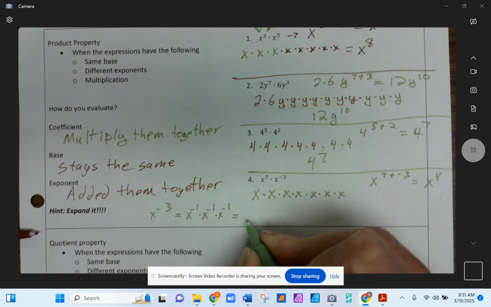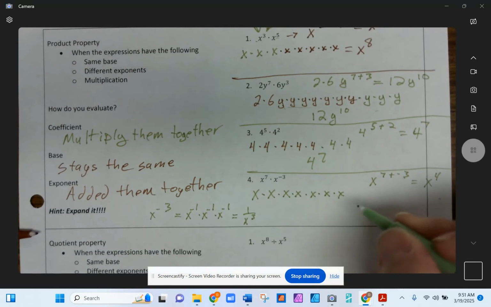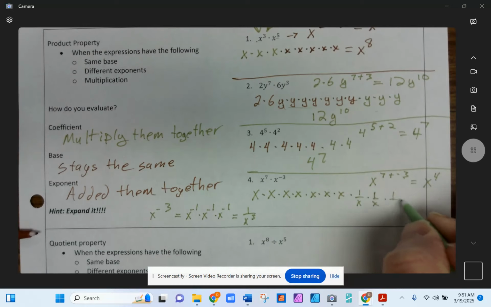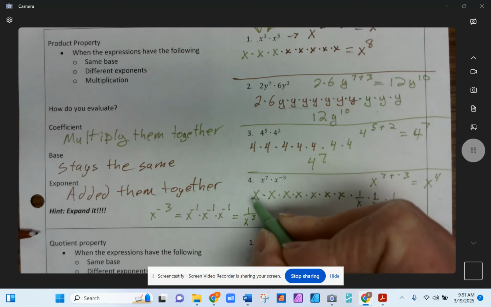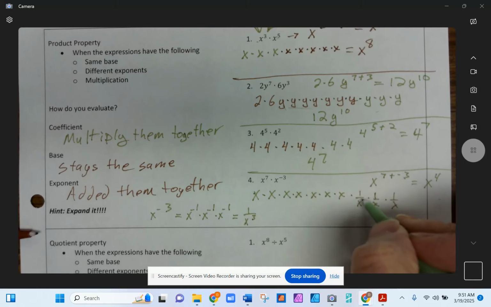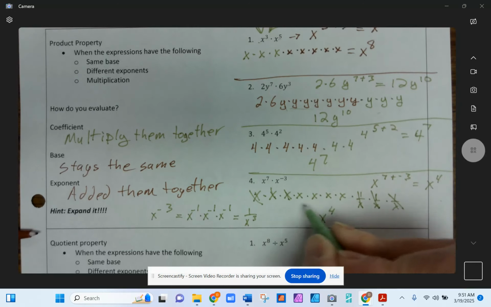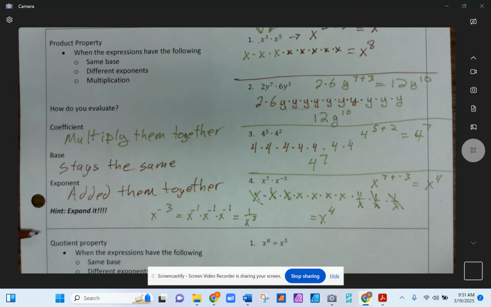So this becomes basically 1 over x cubed, right? But we can write it as 1 over x times 1 over x times 1 over x as well, right? Now what happens is we have this x here and this being multiplied by this 1 over x. They're going to cancel out. And it leaves us with 4 x's, or x to the 4th right there, okay?